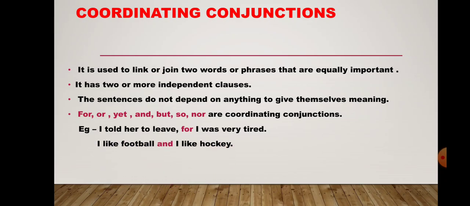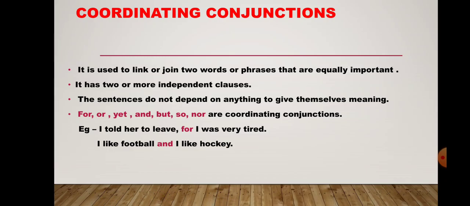Next, I like football and I like hockey. In this sentence also we use a coordinating conjunction, that is "and", to join two independent clauses. So it is very clear that we need to use coordinating conjunctions to join two or more independent clauses.